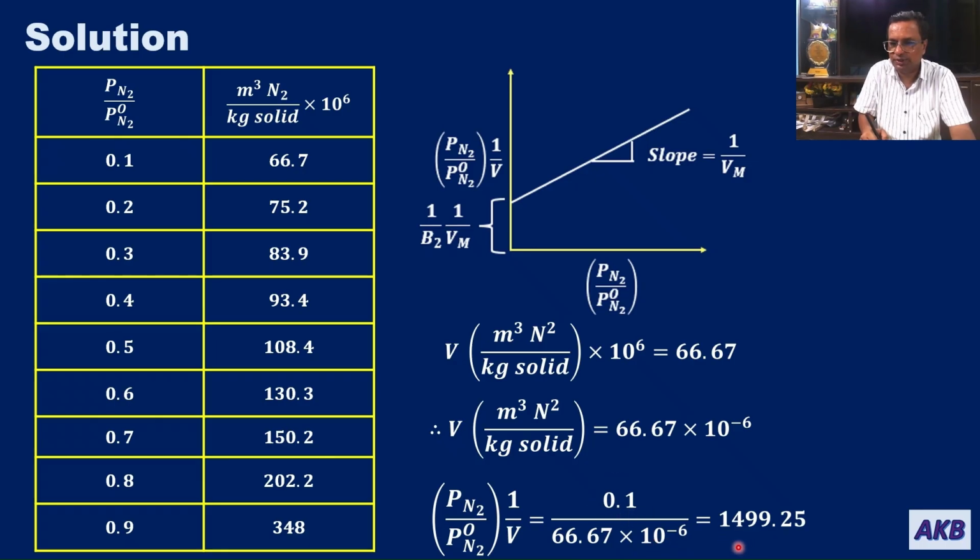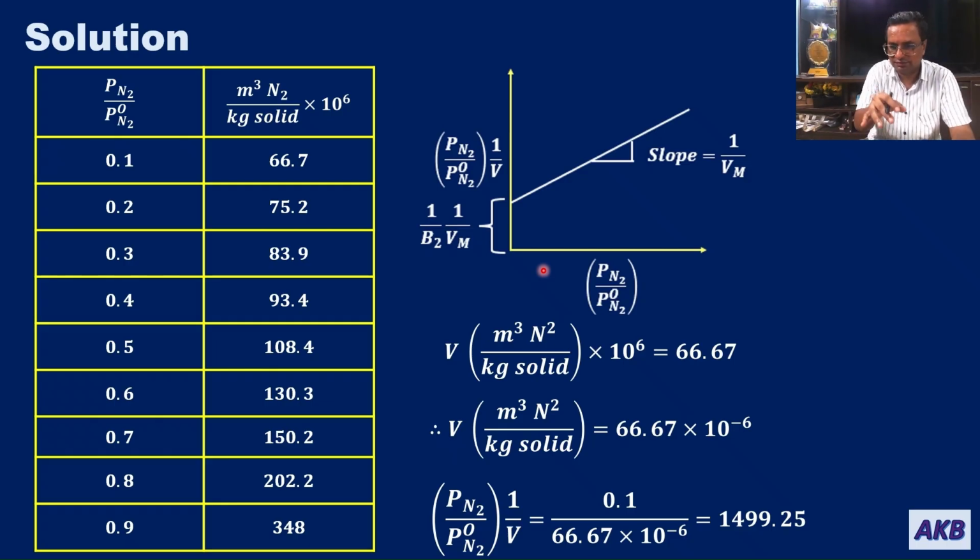So it comes out to be 1499.25. In this way, values for all other readings of this quantity Pn2 upon Pn2 naught into 1 by V, you can find out.